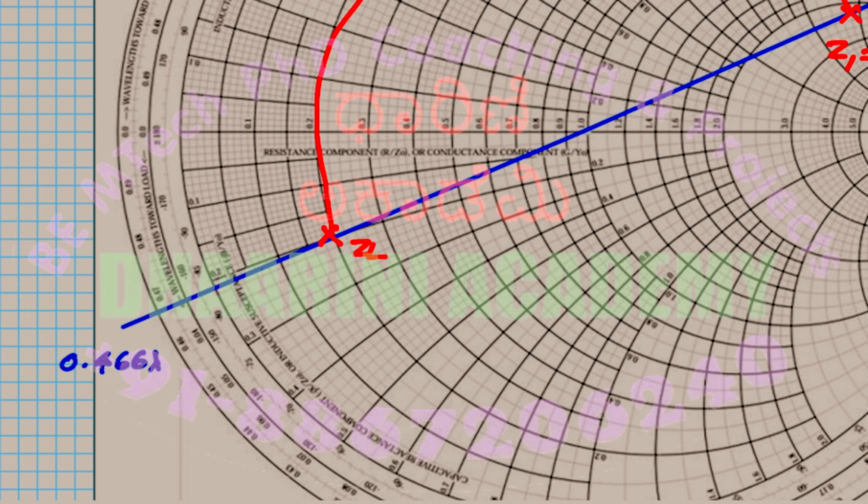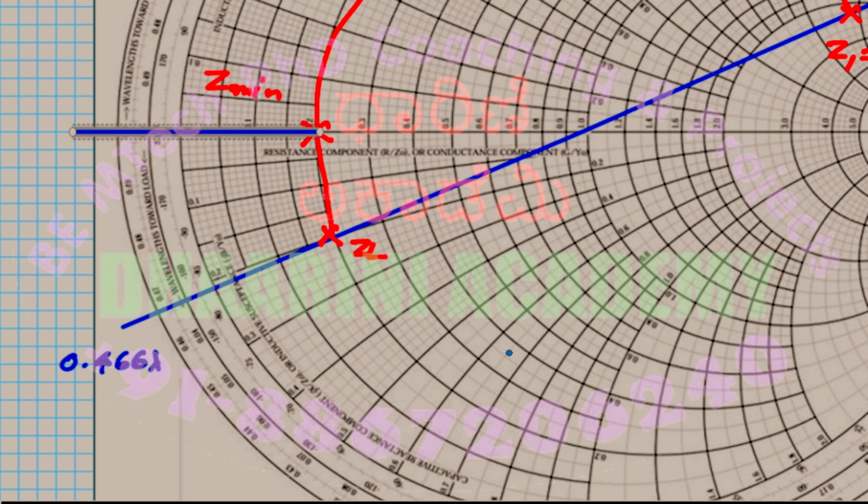All right. So what I do, I wanted to mark a Z min. Z min occurs wherever this circle touches the horizontal axis. That happens here. So this is the Z min. We extend the line from the Z min outwards, so I will draw a straight line like this.